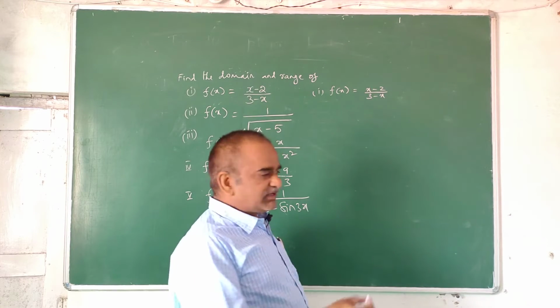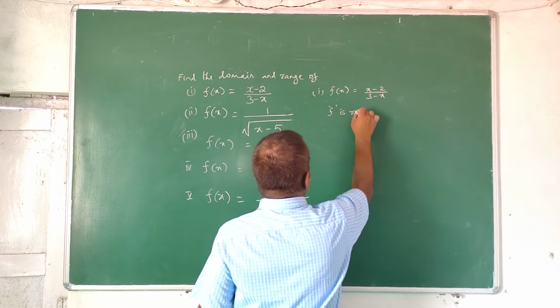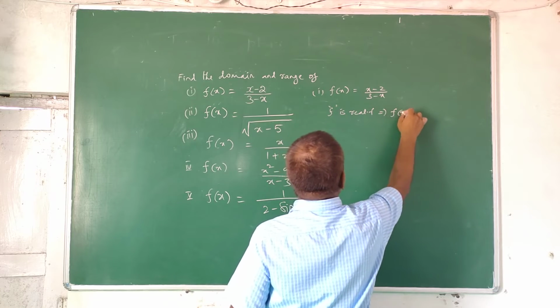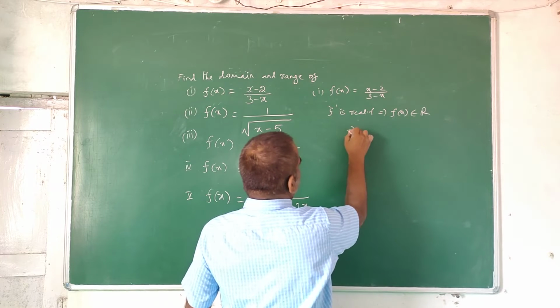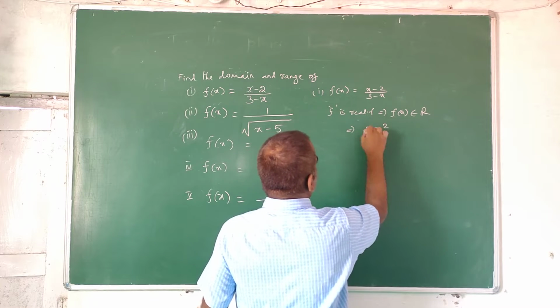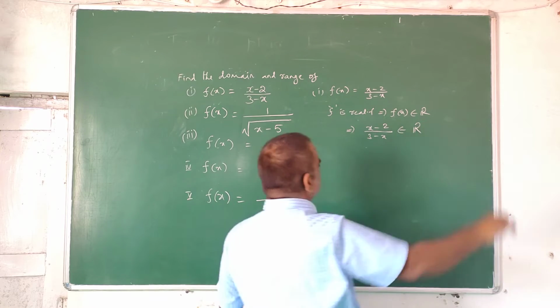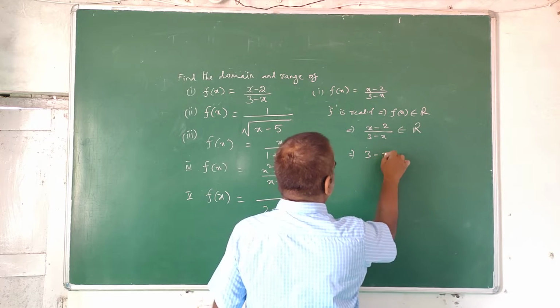So f is a real function, which implies f of x belongs to R, which implies x minus 2 by 3 minus x should be a member of R. That means 3 minus x should not be 0.